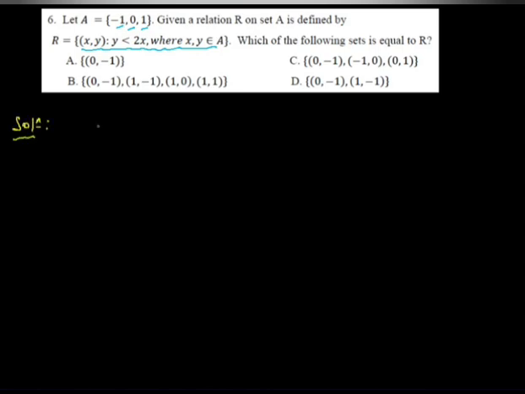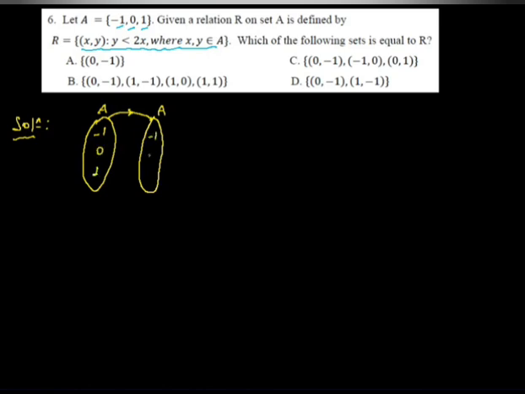The relation R is defined on a set A means both sets, set A itself. So the relation is defined on a set A, and it is represented like this. A contains -1, 0, 1.